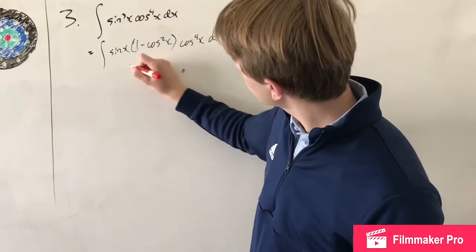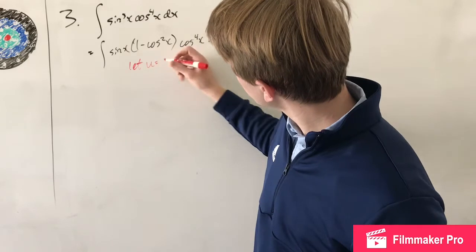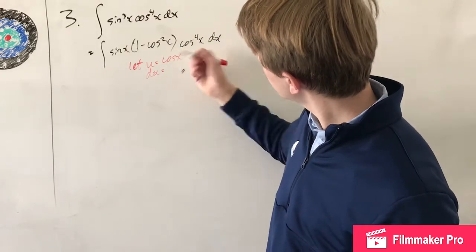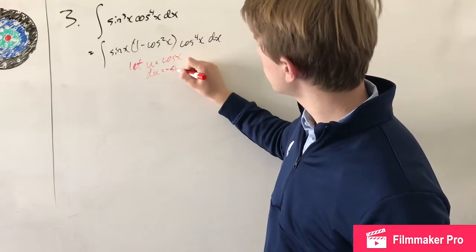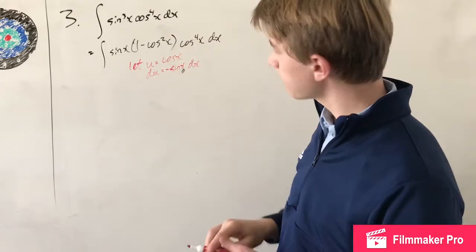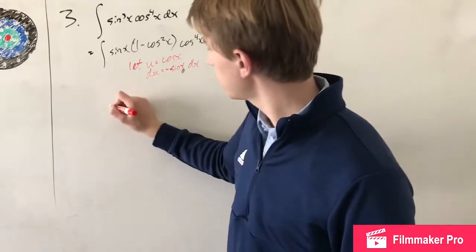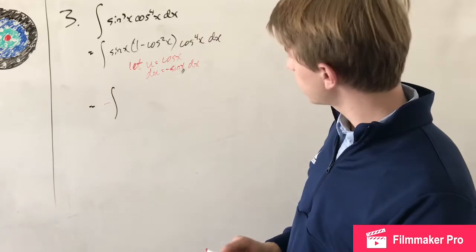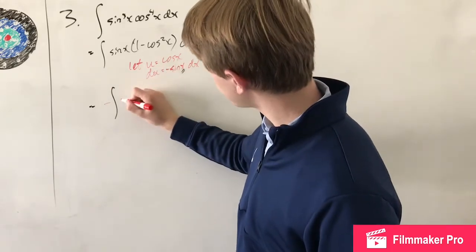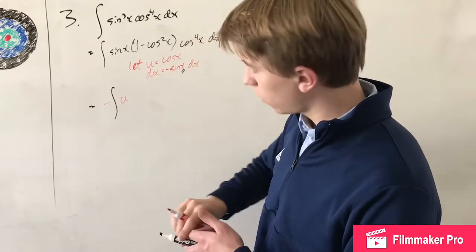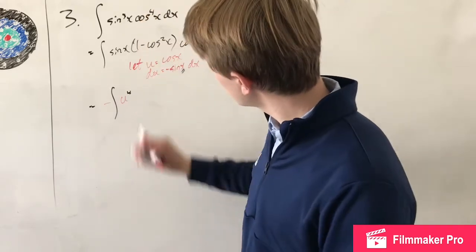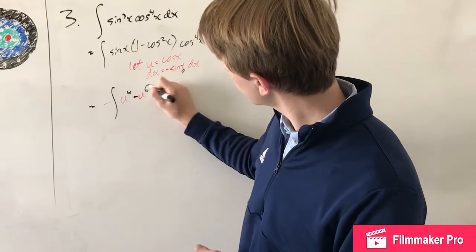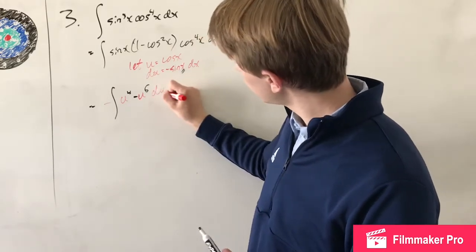Now we can let u equal cosine x, du equals negative sine x dx. So we end up with a negative out front, equals integral of, this just turns into u to the 4th minus u to the 6th du.